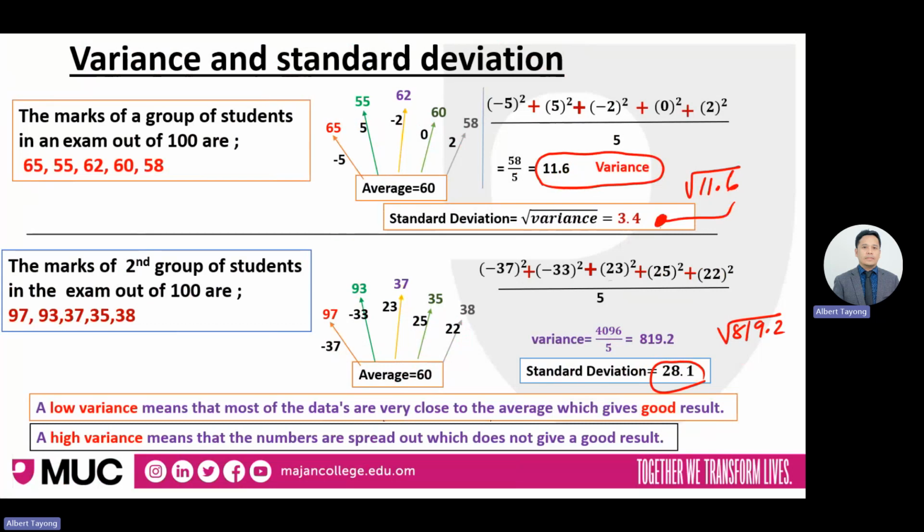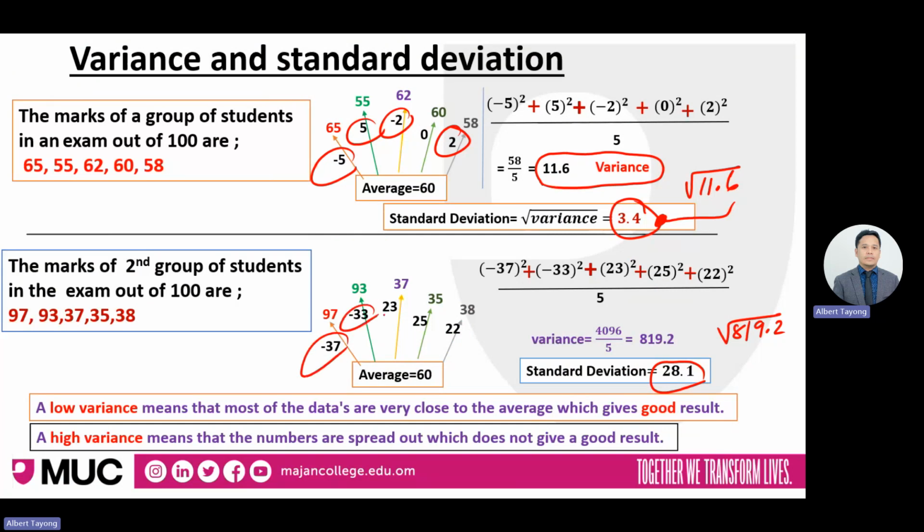So it's very easy to calculate the standard deviation, that is the square root of the variance. So the standard deviation is the average distance of the scores from the mean. So here, the average distance of the scores from the mean is 3.4. Yes, that's fine because we have 5, 5, and 2. So the average distance is 3.4.